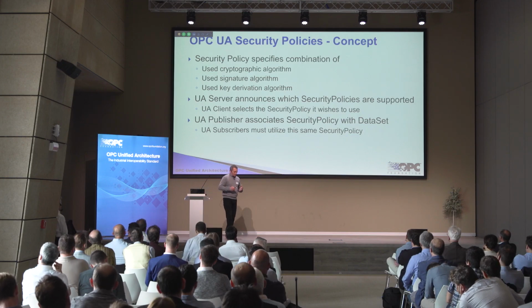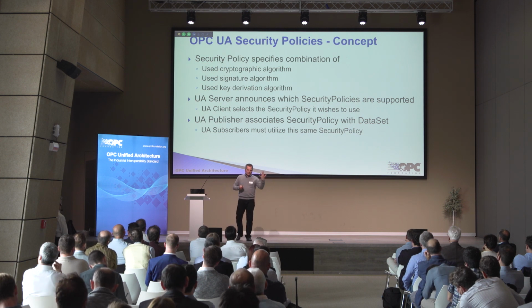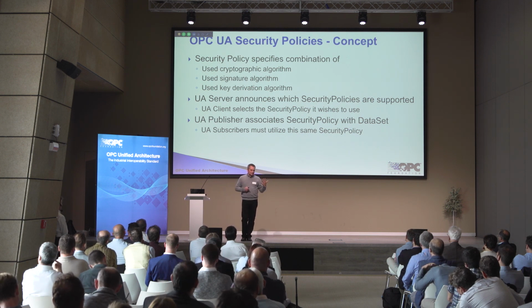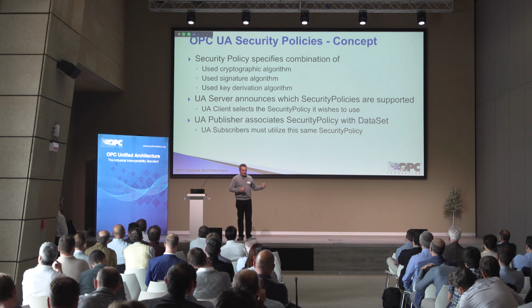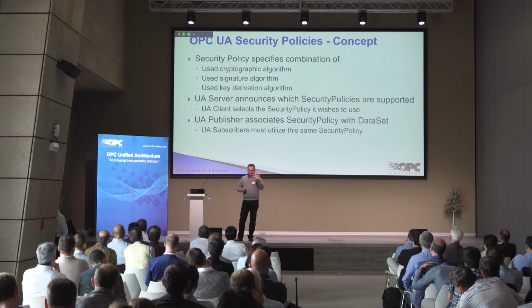The server can announce, these are the 5 security policies I support. Now the client connects, gets the list of the security profiles, and says, okay, this one I don't support, this one is weak, this one is the one I want to use. So they find a match, and then they use the same encryption algorithm, and they can establish a secure connection.